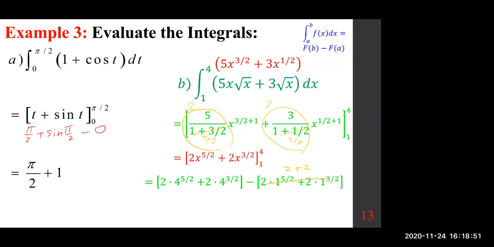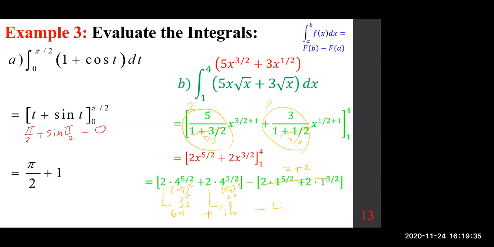But just a quick work on this one. 4 to the power of 5/2 is square root of 4 to the power of 5, which means 2 to the power of 5, which means 32 times 2 makes it 64. 4 to the power of 3/2 is square root of 4 cubed, 2 cubed, 8, 2 times that makes it 16.